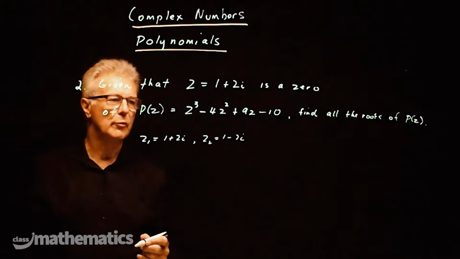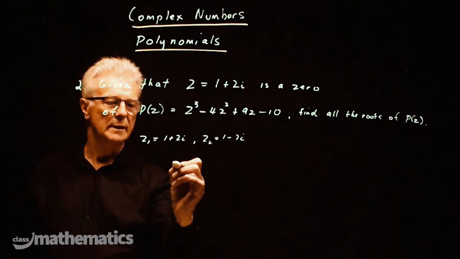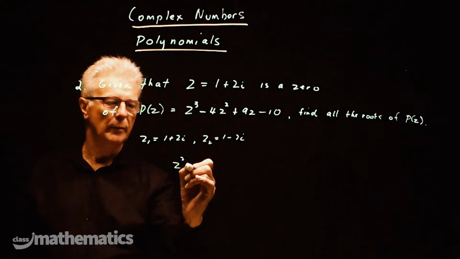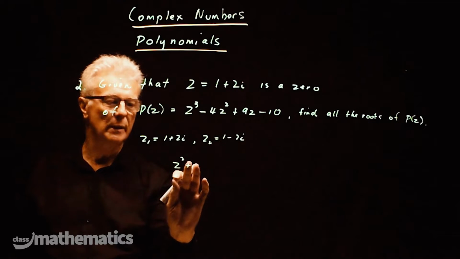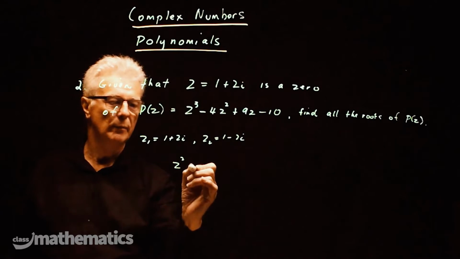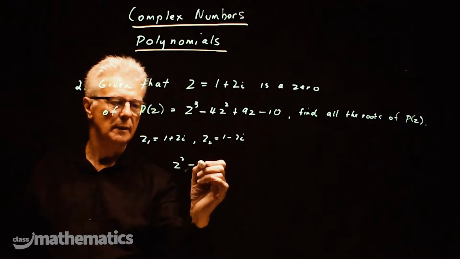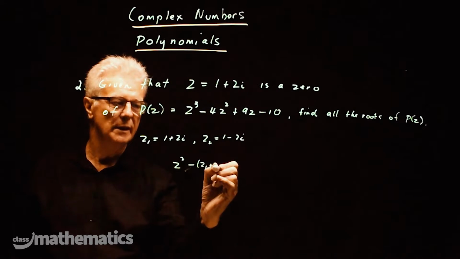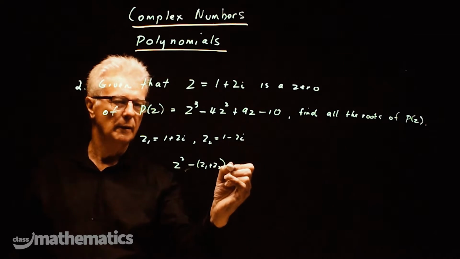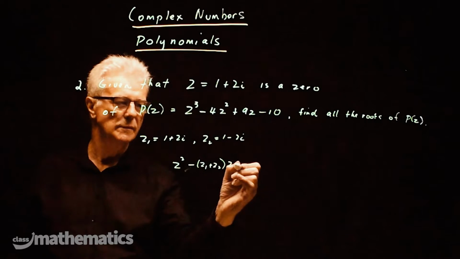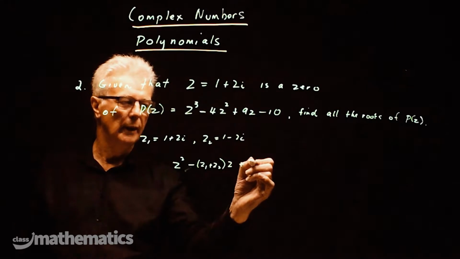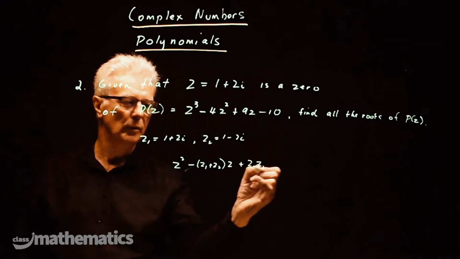So we can form a little quadratic. We're going to say that z squared minus the sum, (z1 plus z2) times z, plus the product z1 z2.